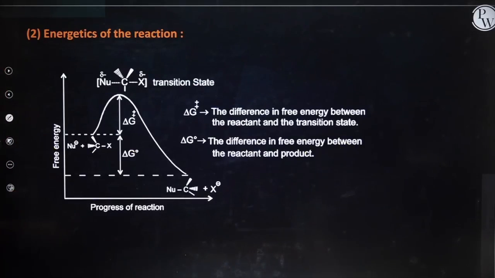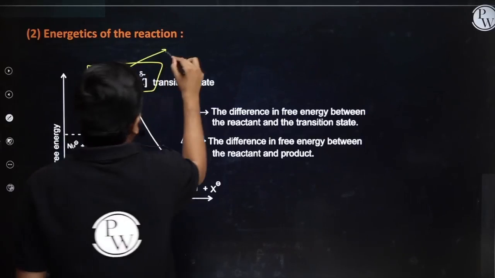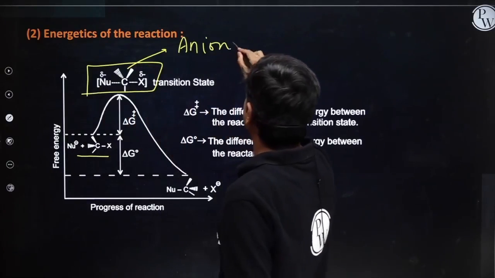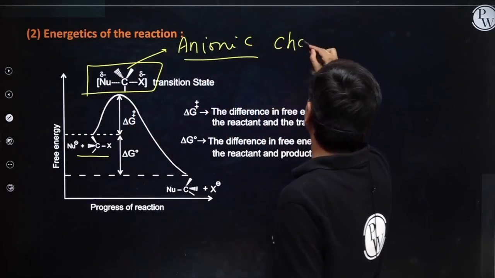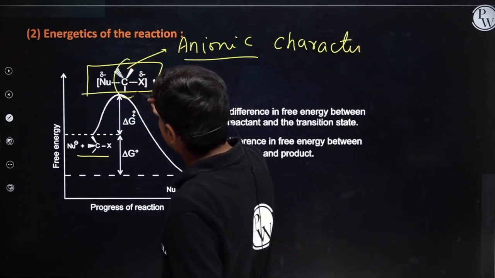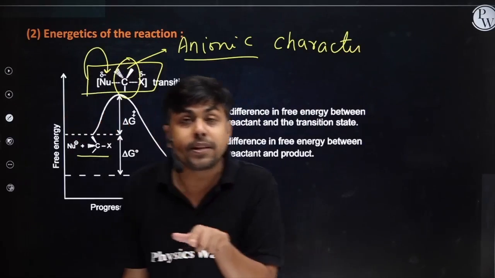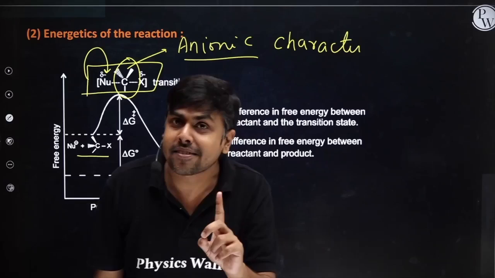This is the energetics of SN2 reaction. I have my substrate, and this is the TS. The TS has an anionic character. One more thing: the lesser the bulkiness, the faster will be the approach of the nucleophile, and the faster will be the rate of SN2 reaction.